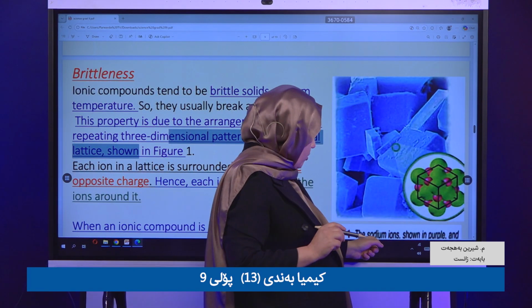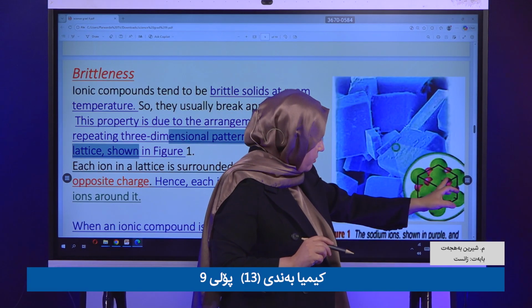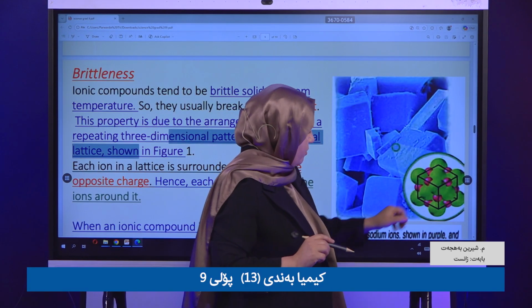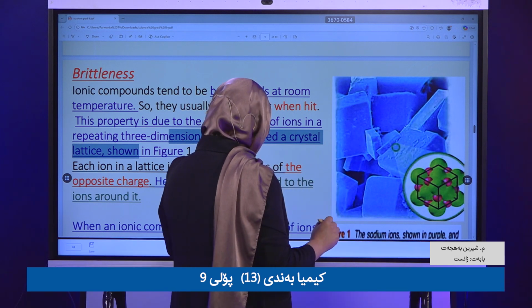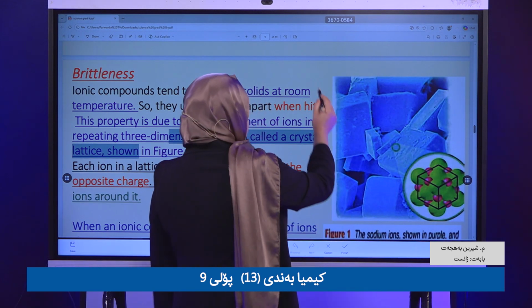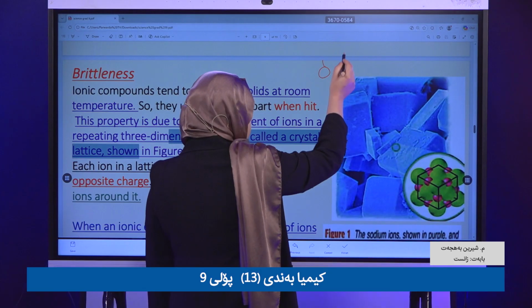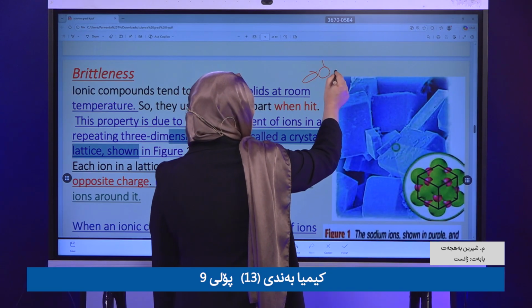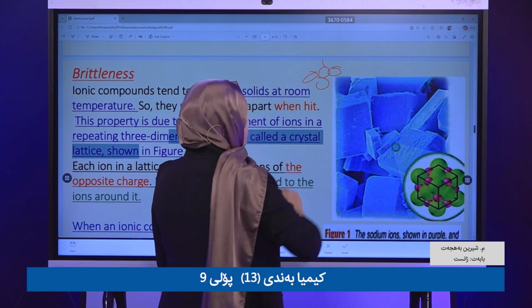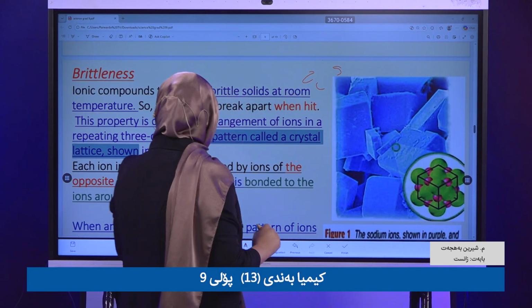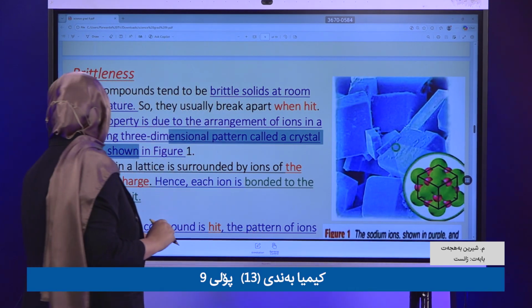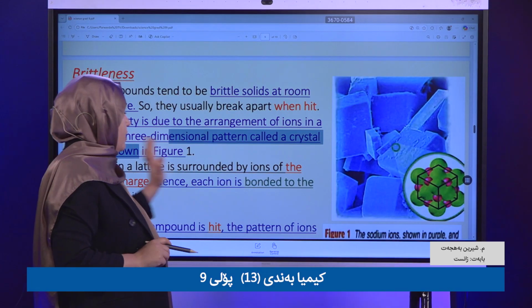Look at it. Sodium ions are shown in purple. The purple one is the sodium ion. How do they form it? It's like this. It is called the crystal lattice.